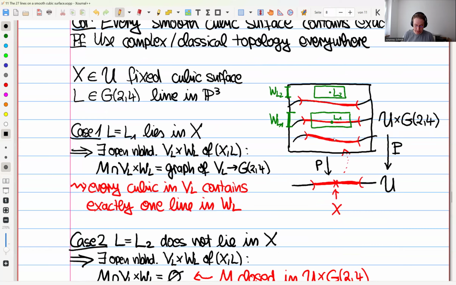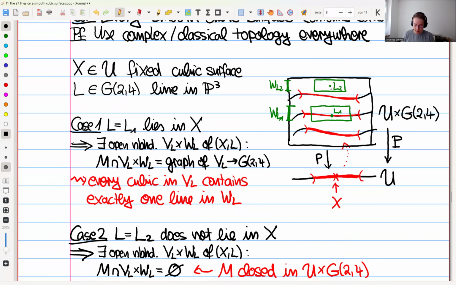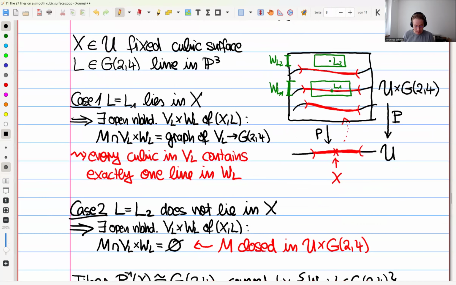The less interesting case, this is case 2, the line doesn't lie on the incidence correspondence. And so this means we find an open neighborhood which just doesn't intersect this M. And the reason for this is the first part of the lemma that we showed. This M is a Zariski closed subset of U cross G(2,4).